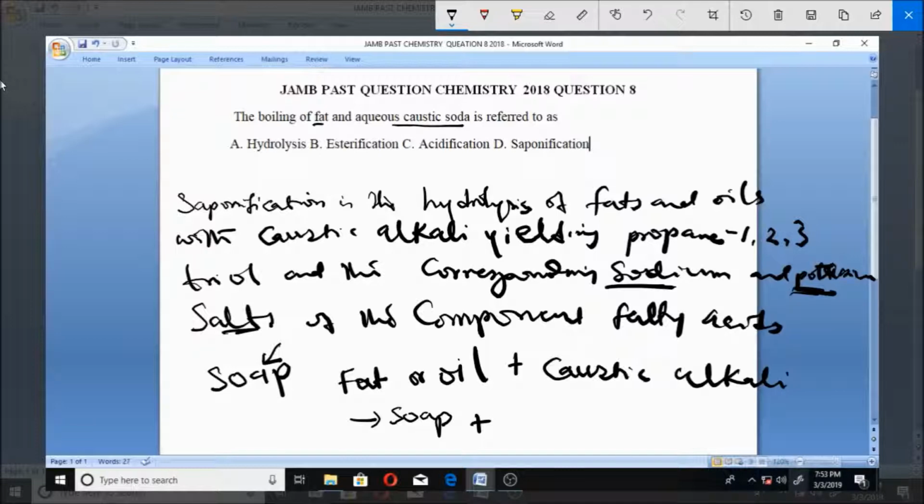Then what else do we have? We now have propane-1,2,3-triol. So that's how soap is produced. This is the process of soap formation, saponification, and that makes D the right answer.